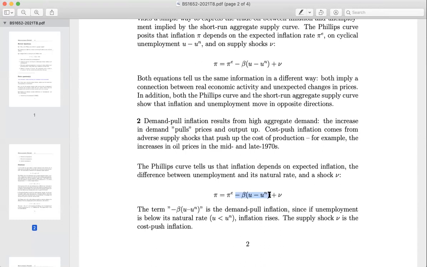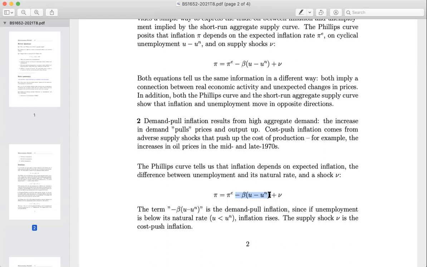If the economy is overheated and we have too much demand, or the economy is going too fast, that means the unemployment rate will be lower than the natural rate.